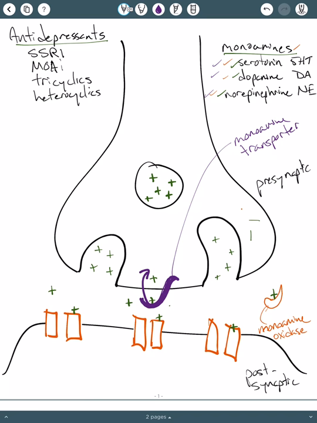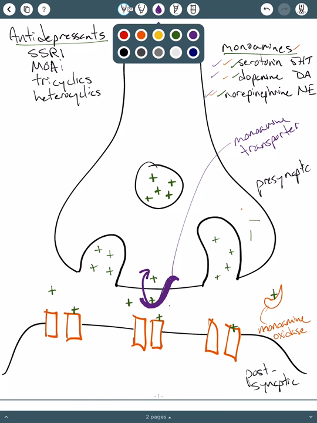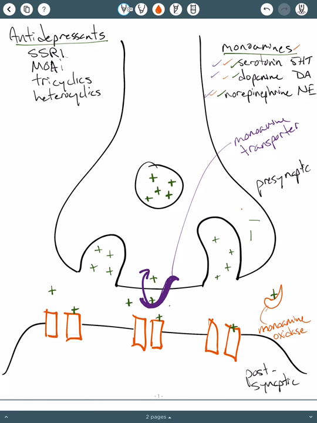Okay, so the antidepressant drugs that I mentioned include one that blocks this monoamine oxidase enzyme. MAOI stands for monoamine oxidase inhibitor, and what it does is sit in the spot where one of these monoamines otherwise would be, and it prevents monoamine oxidase from doing its job.